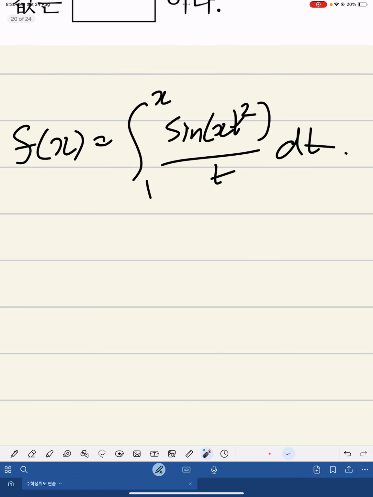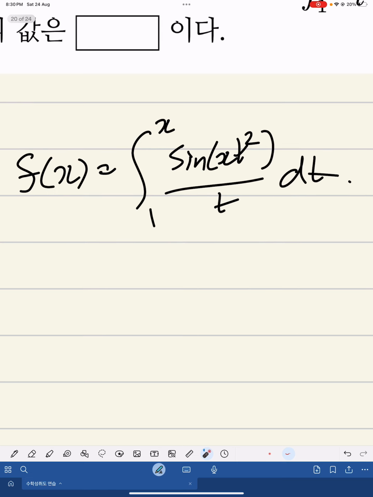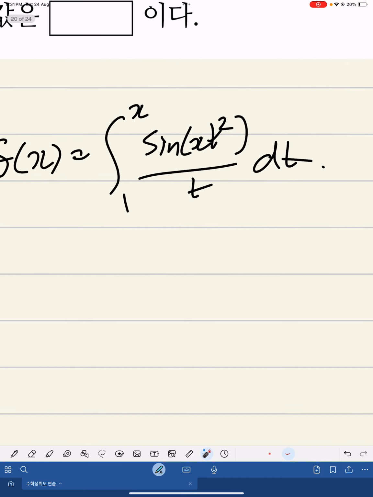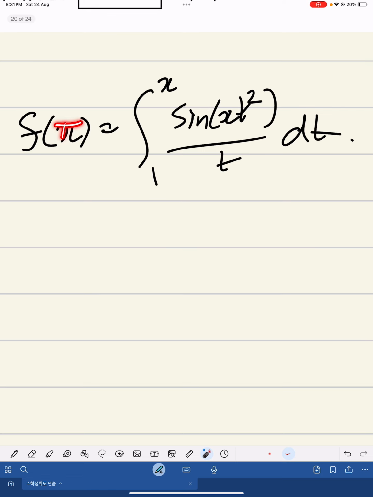Because the function itself is defined as an integral from 1 to x, the upper boundary is not a variable, it is a constant. It should be considered as a constant in this case. Because if, for example, f of pi, then it's just the integral from 1 to pi of sine of pi t squared over t.